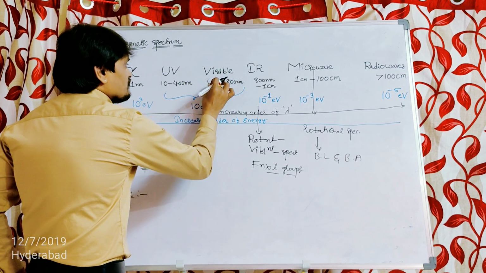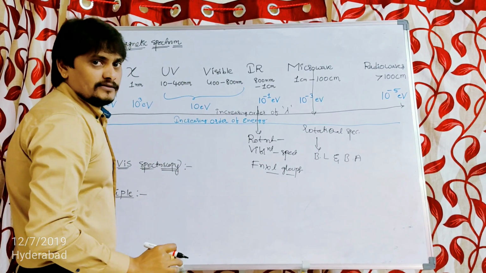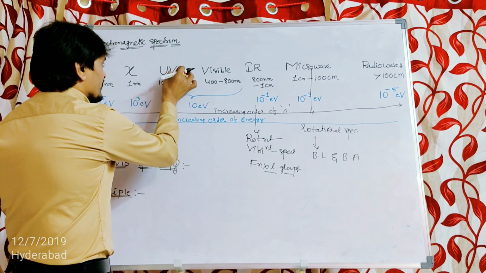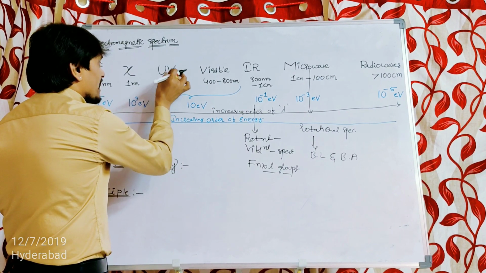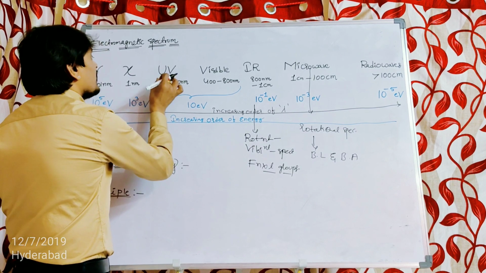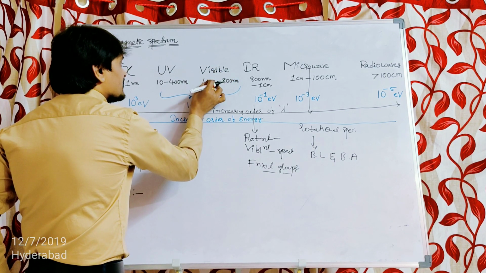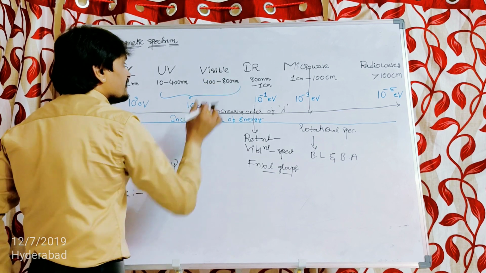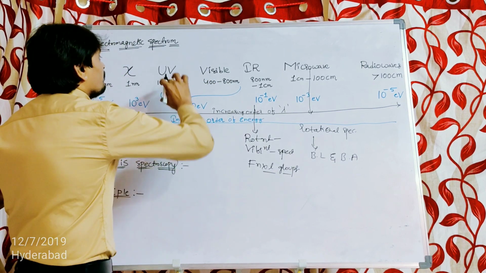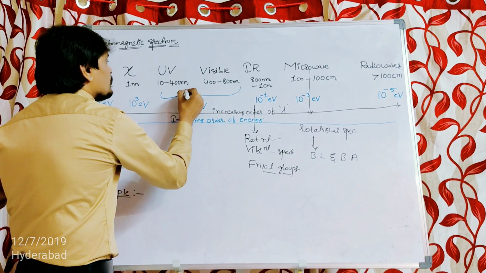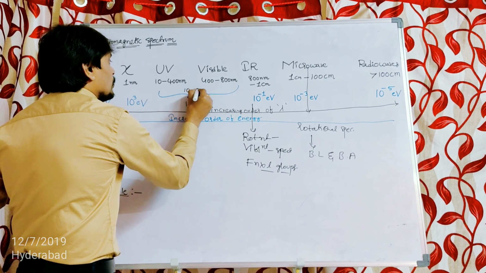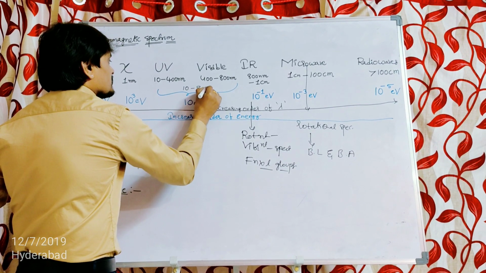Visible range is 400 to 800 nanometers. When both are combined, it should be in the range of 10 to 800 nanometers.